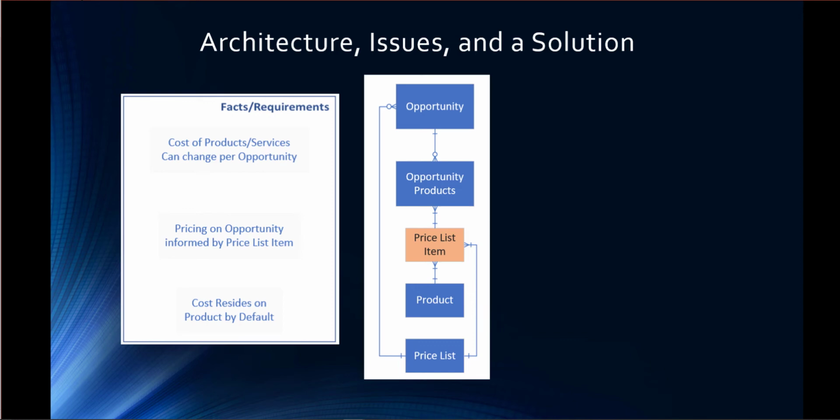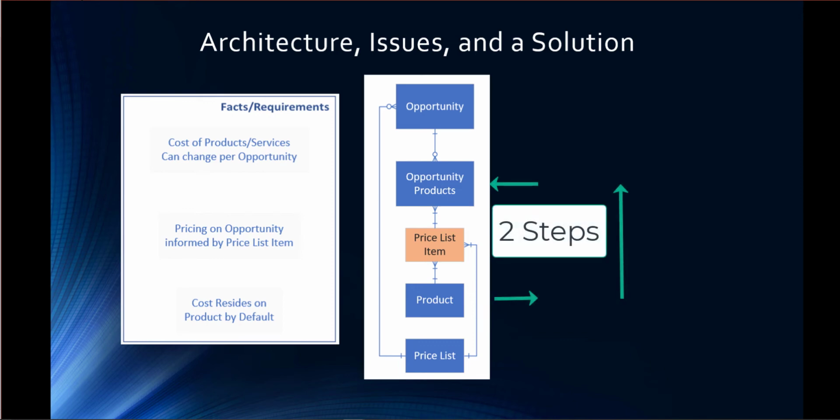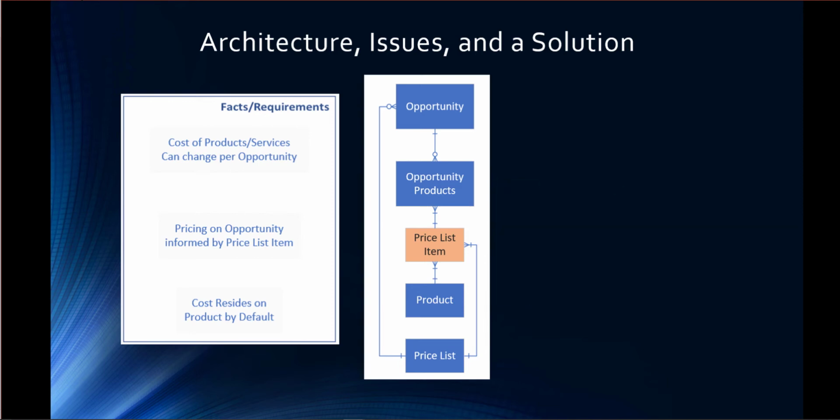And because the product itself is a couple steps away from the opportunity product, even if we wanted to just take the cost fields that we had on the product and bring them over to the opportunity product, we would still need to do something with JavaScript or a plugin or something like that. So there might be a simpler way to think about this and to get this done.